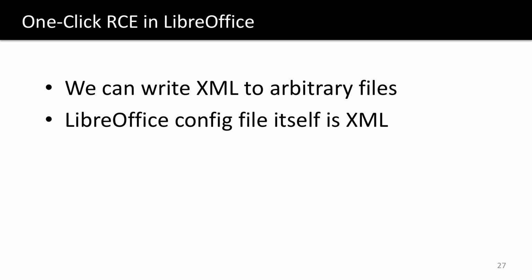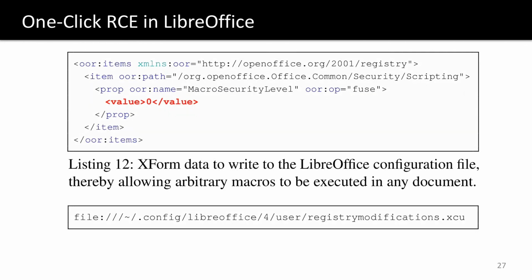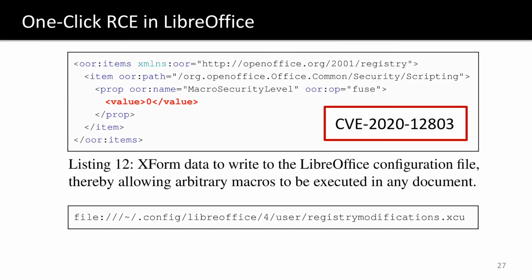Furthermore, we found that the feature to submit XForms to files on disk can be escalated to code execution in LibreOffice. One way to achieve this is by submitting malicious XML data to the configuration file of LibreOffice itself. The malicious XML displayed here contains new configuration settings to allow arbitrary macros, which can then be automatically launched, for example, once the malicious document is closed, in order to execute arbitrary shell commands.